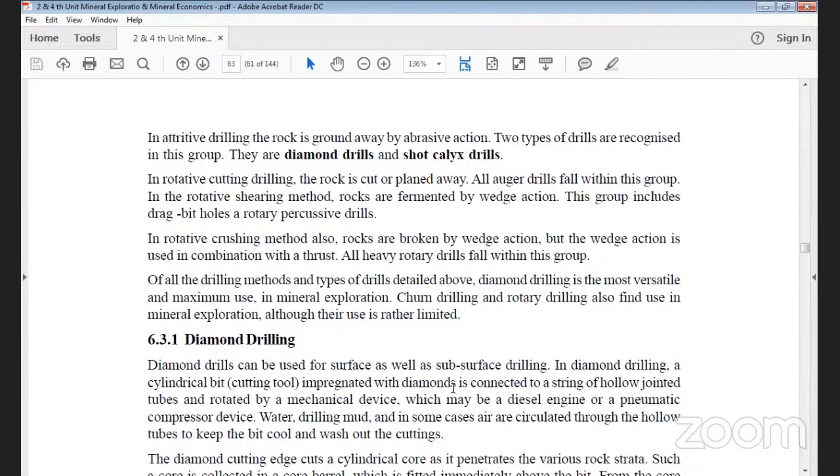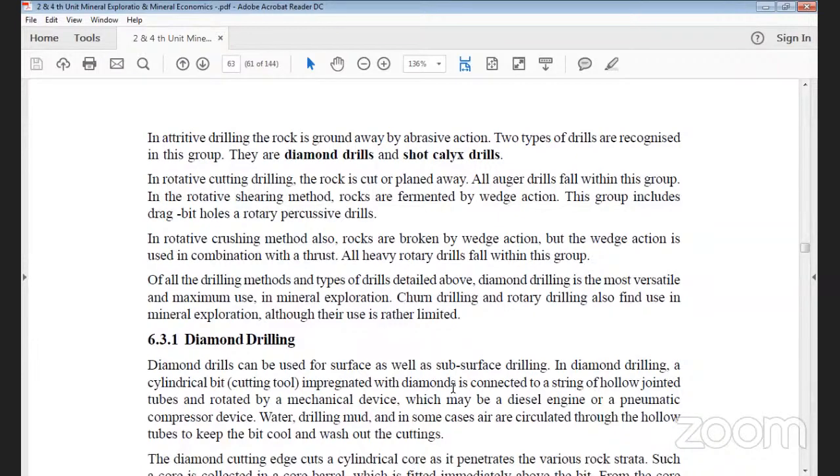This group includes the drag bit holes and rotary and percussive drills. In the rotative crushing method, rocks are also broken by wedge action, but the wedge action is used in combination with thrust. All heavy rotary drills fall within this group.